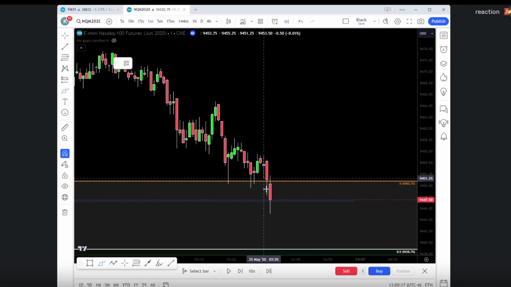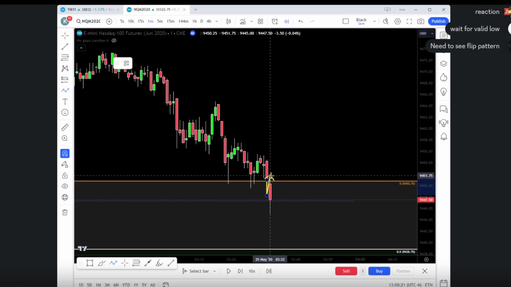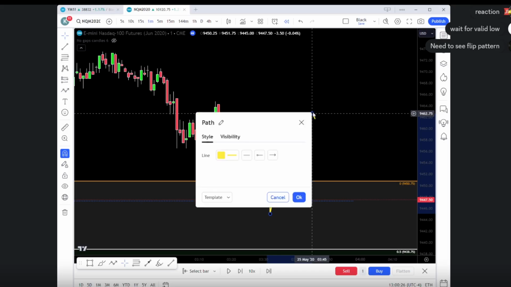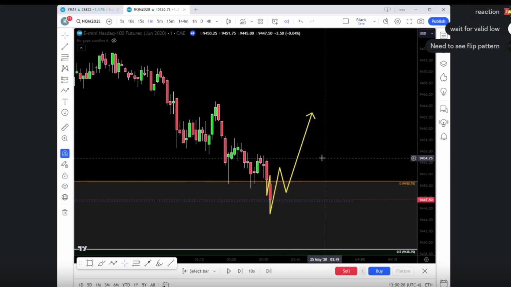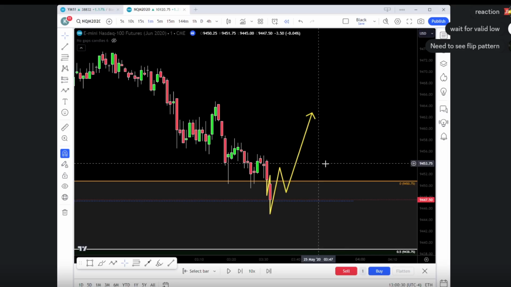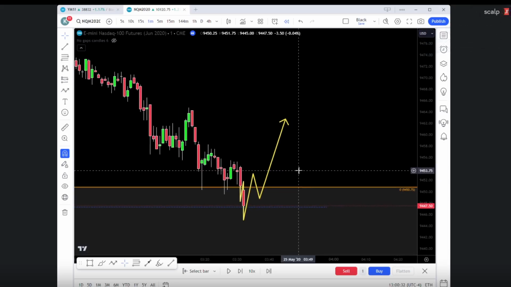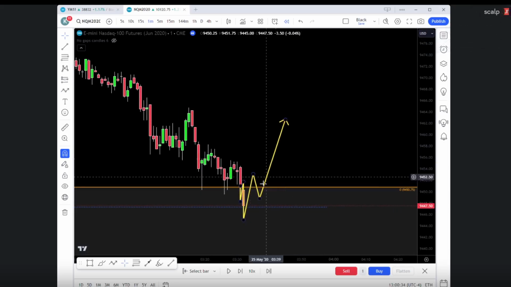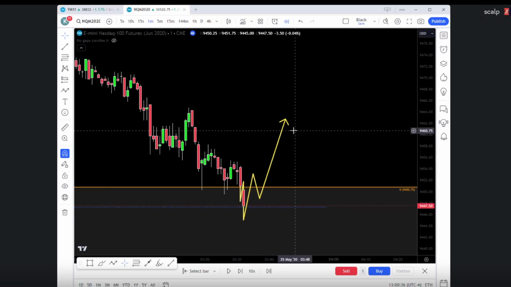What's the safer play? We've got this here, down, down. We're looking for this for a bottoming pattern. Is this our scalp or is this our longer move? It's our scalp, right? So we're looking for this to trade higher for us, which would be excellent, right?